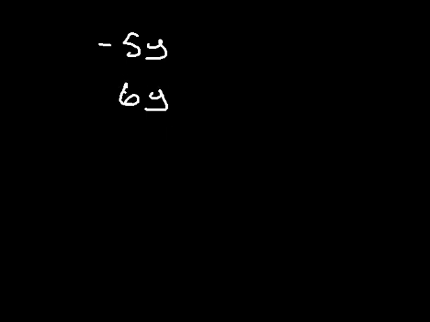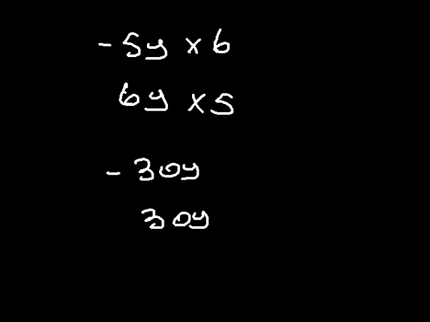So the best way is to multiply this one by 6 and this one by 5, such that we'll have negative 30y and positive 30y. Now when do we expect the combination of these two to give zero? The simple way is to add, because the addition of these will give us zero, since this is negative.